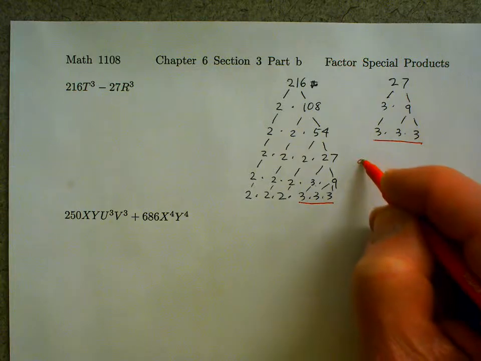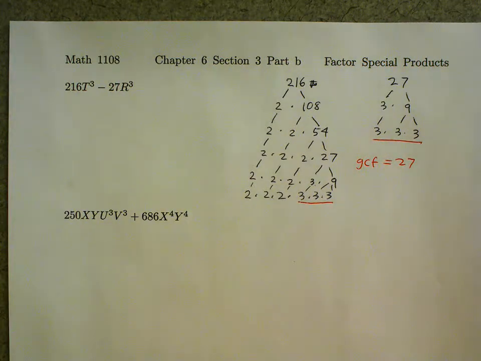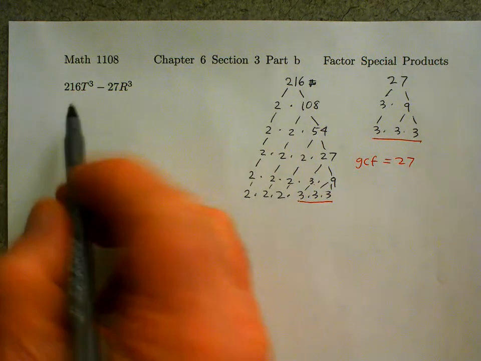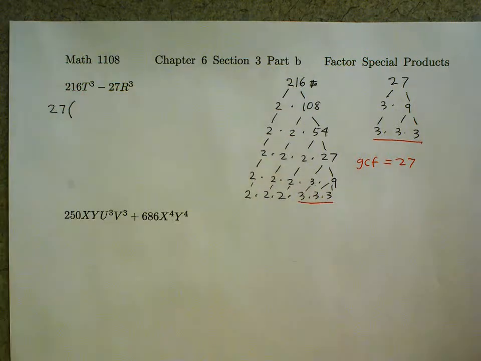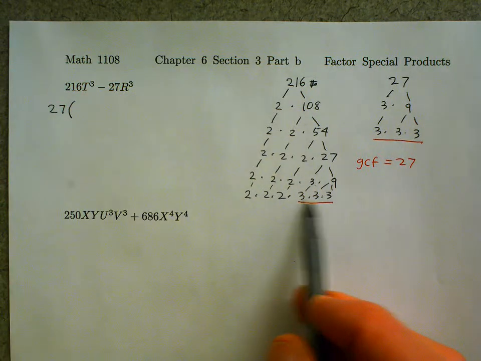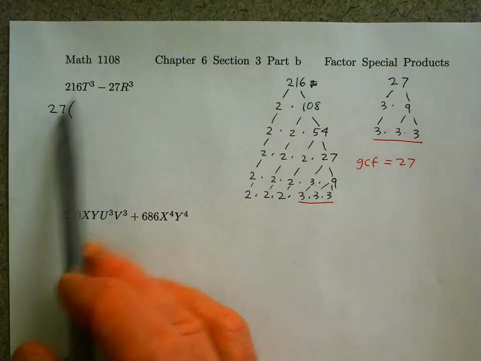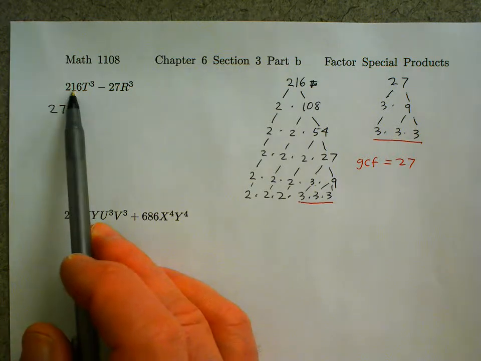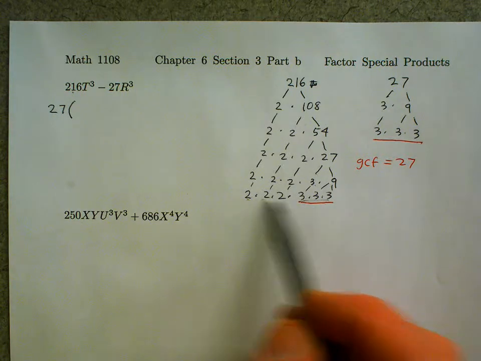So the greatest common factor is 27. So we factor 27 out, and we can use the prime factorization to help us know what we need to multiply by 27 to get 216. So 27 times 2 times 2 times 2 is 8.